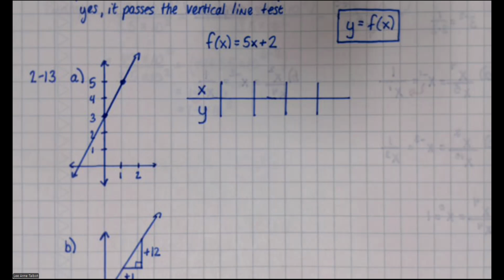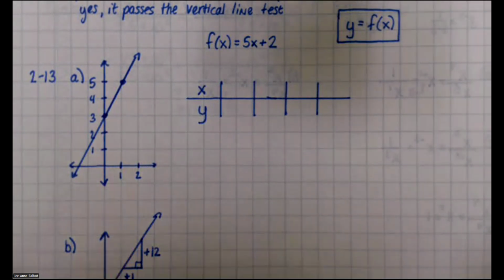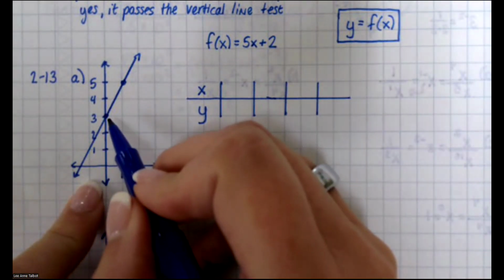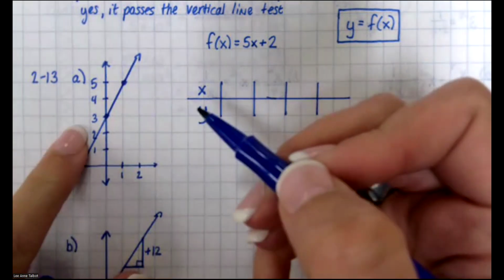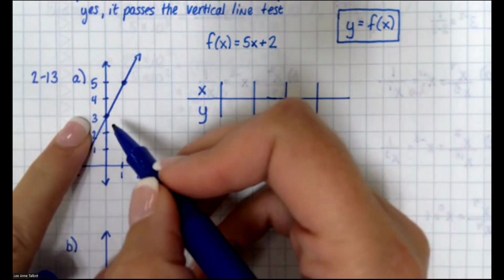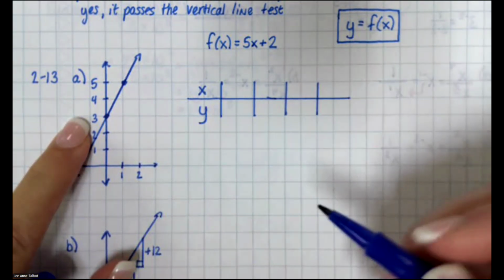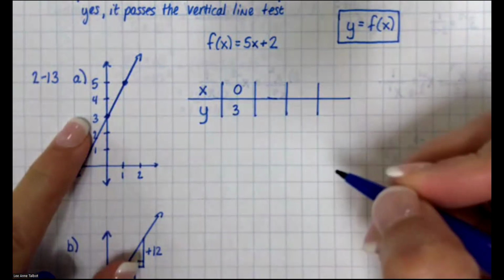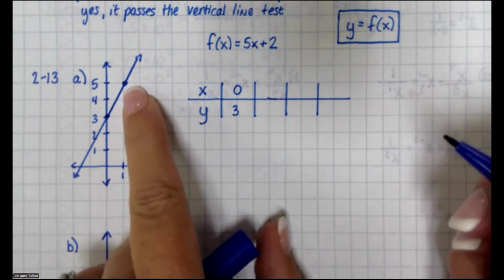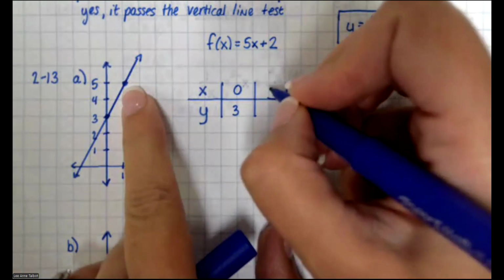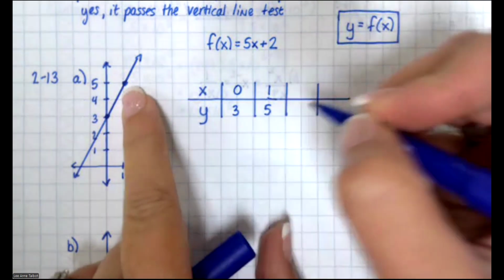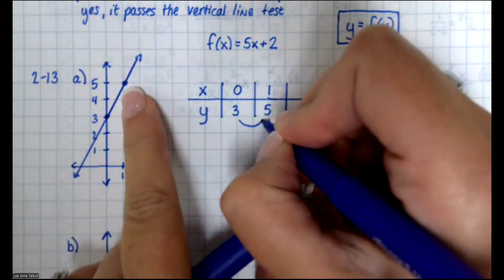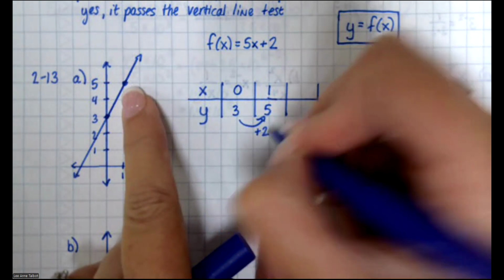In number 13, you're given a graph and it wants you to find the table and equation. Okay, so what is this coordinate right here? Nope. 0, 3. And what is this coordinate right here? 1, 5. Okay, so how much is it going up by? 2.